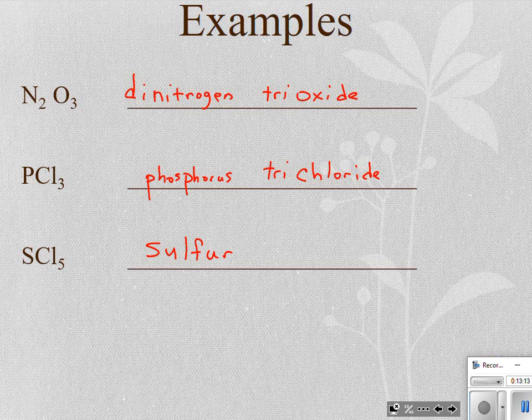Sulfur is the first one. There's only one of it, so I do not put a mono. 5 is penta. Pentachloride. Sulfur pentachloride.